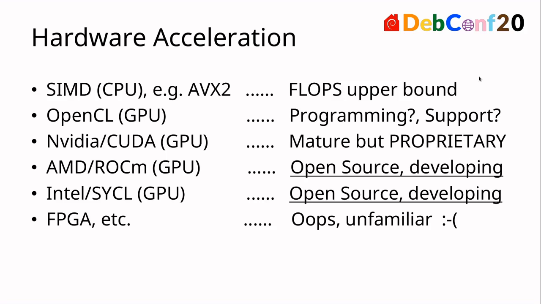Intel has recently announced their plans for a discrete graphics card, and the software support will be based on SYCL, which is a high-level programming model for OpenCL. The software stack is also open source and not mature enough. There are also other types of hardware acceleration solutions, such as FPGA, but I'm not quite familiar with them.